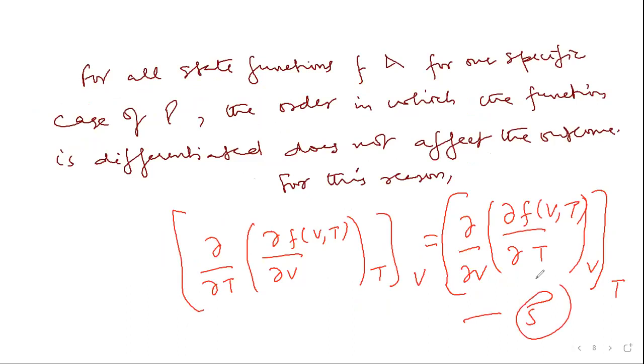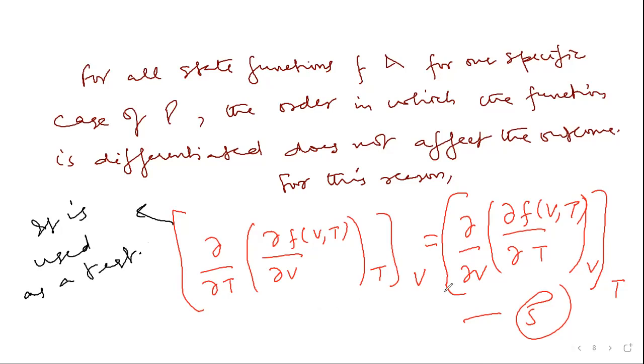Now, because equation 5 is only satisfied by state functions F, it can be used to determine if a function F is a state function. So this property of mixed second order partial derivatives satisfied by state functions is used as a test.